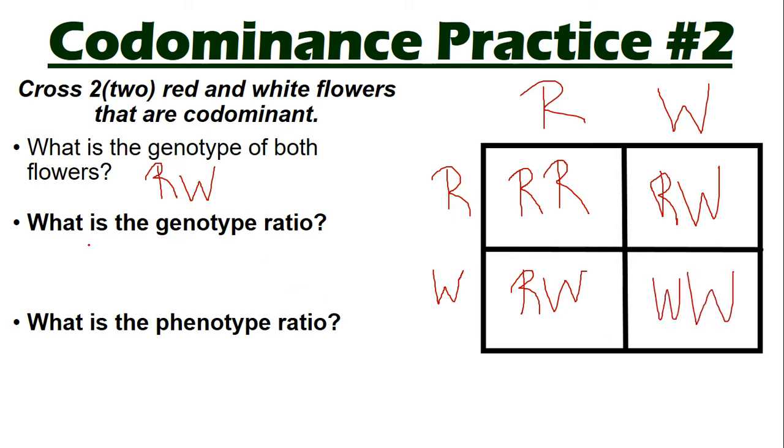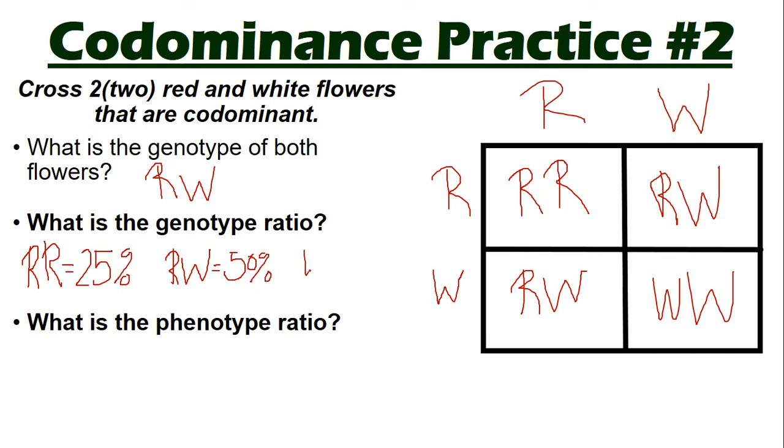All right. Genotype ratios. First one I see is big R, big R. How many boxes? 1. That's 25%. The next one I see is R, W. How many boxes? I see 2 boxes with RW. That's 50%.